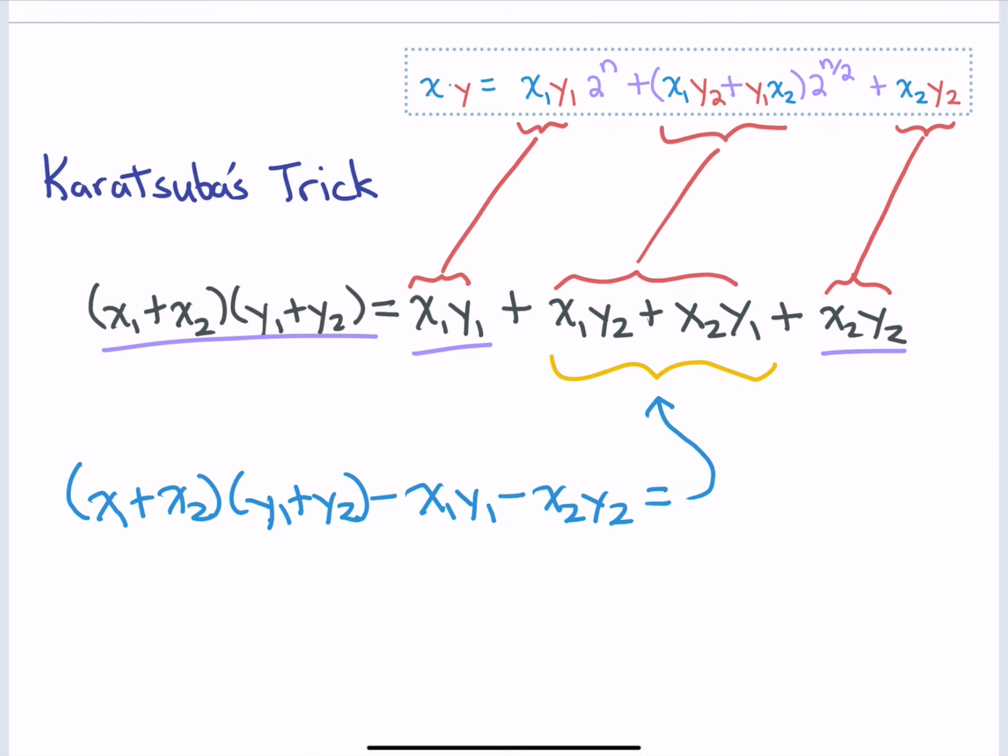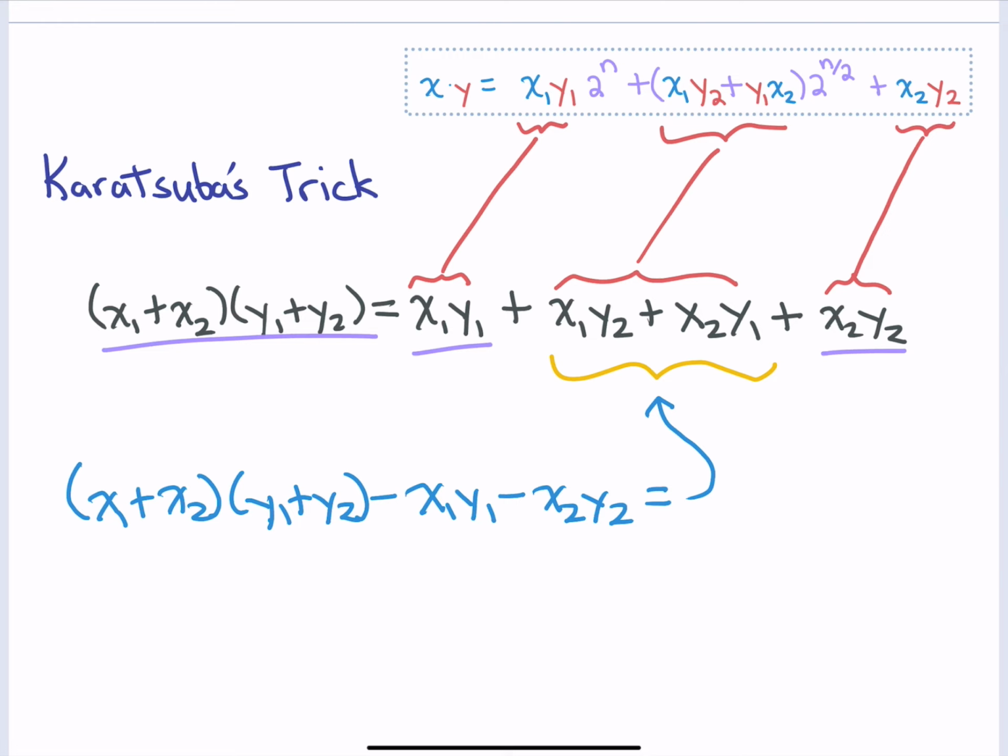I multiply x1 y1, which you would have done anyway. I multiply x2 and y2, which you would have done anyway. But to get the middle two terms in one shot, I multiply that other product, x1 plus x2 times y1 plus y2, and then reuse those original terms to do a subtraction and get what I need.